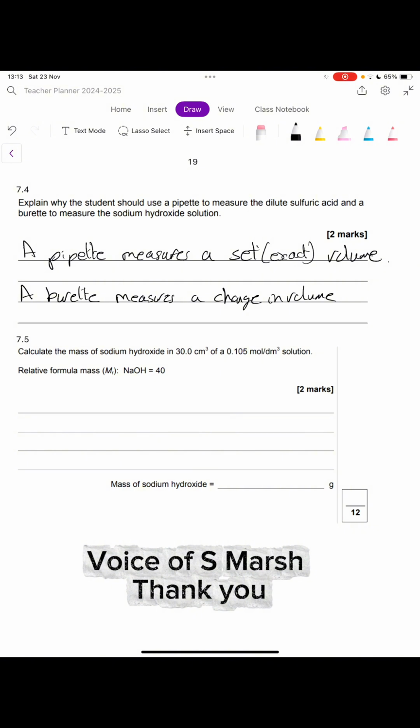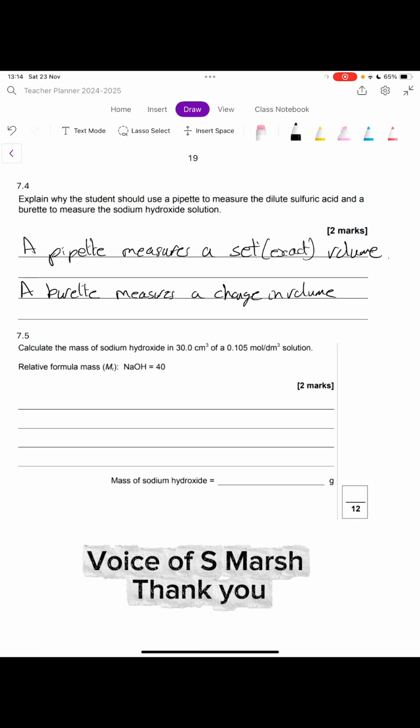So 7.5, we've got a straightforward calculation here. Calculate the mass of sodium hydroxide in 30 centimetres cubed of a 1.05 molar per decimetre cubed solution. So first of all, we know that the volume is 30 centimetres cubed.